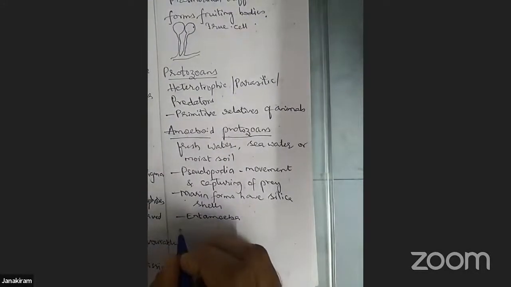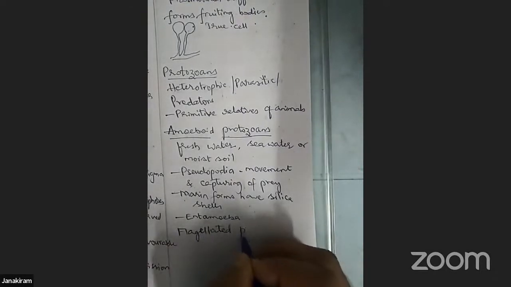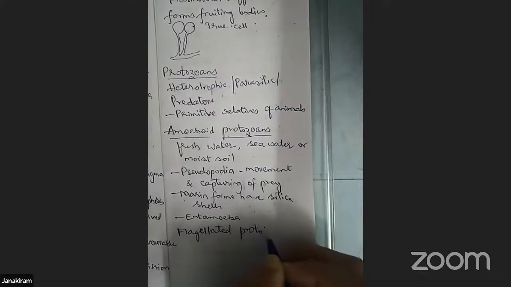And the second group are the flagellated protozoans. In the name itself, it is very clear that they have flagella, locomotory structures. Okay, and they may be either free living or parasitic on other animals.